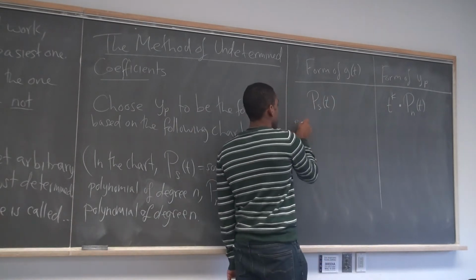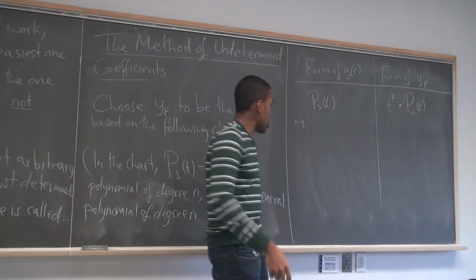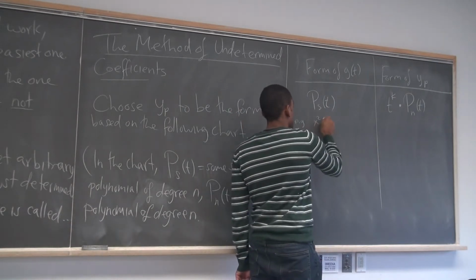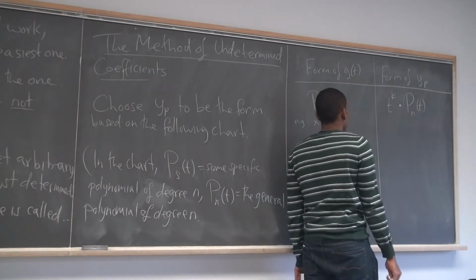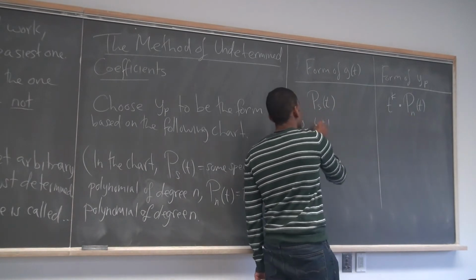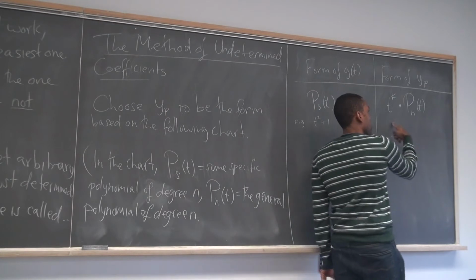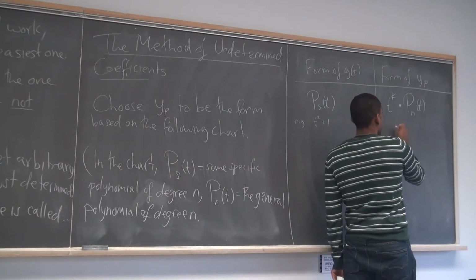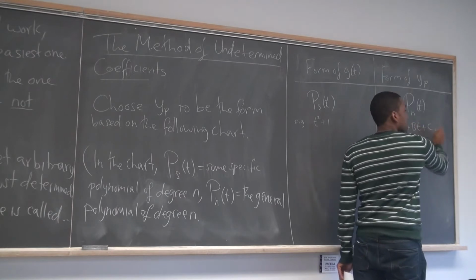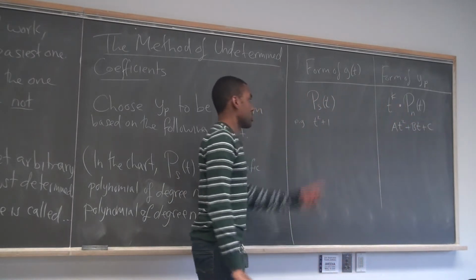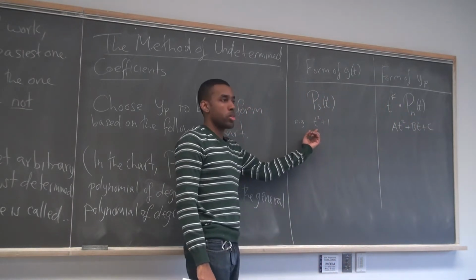So an example here would be, let's say the right side of your equation is t squared plus 1, since we're using t. What would you assume that yp looks like? We'd assume that yp would look like at squared plus bt plus c. So this is a second degree polynomial.